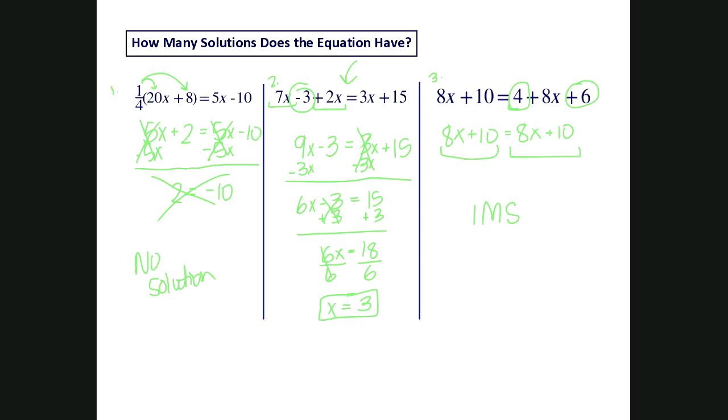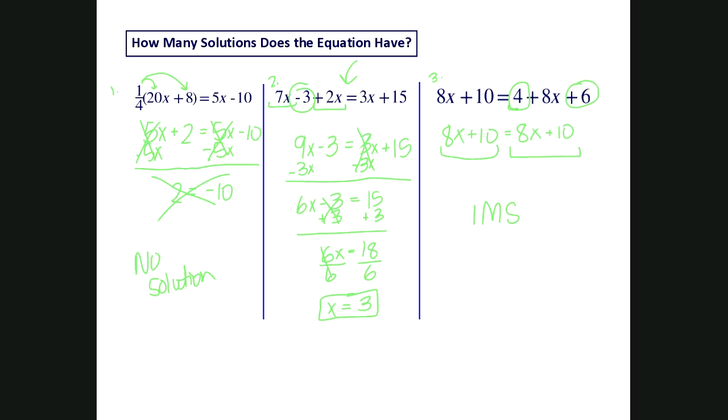Okay, does anybody have any questions on how many solutions equations have? Yes, Megan, when both sides are exactly the same, it has infinitely many solutions.